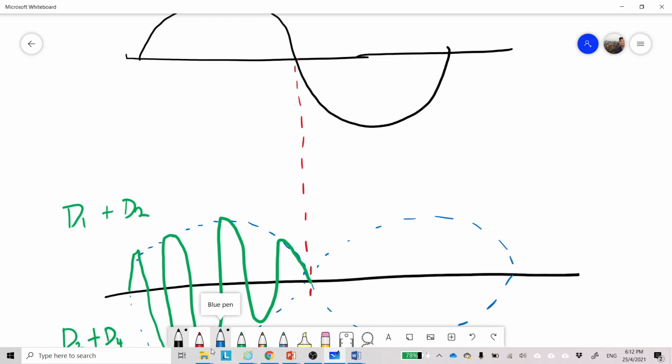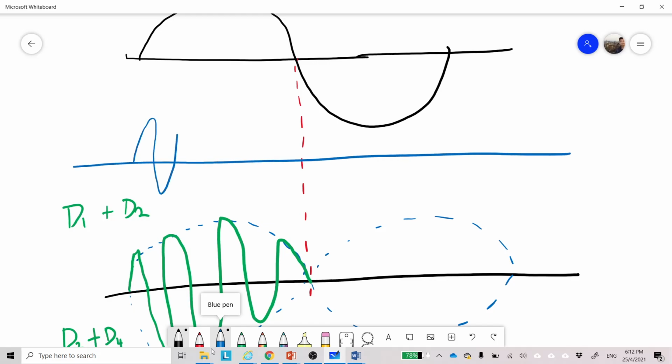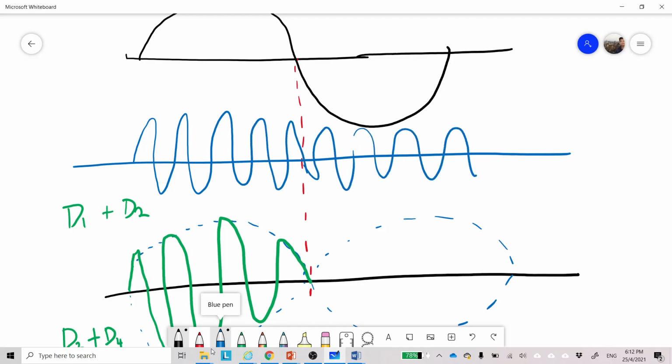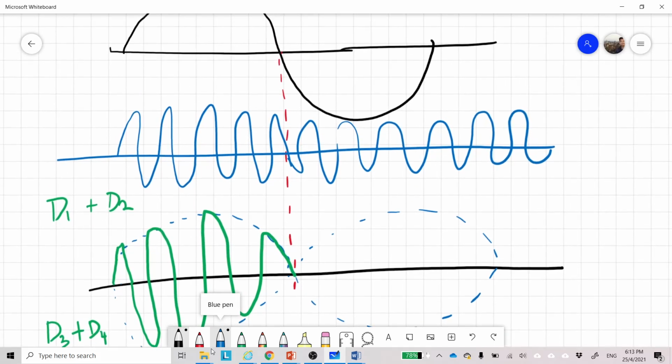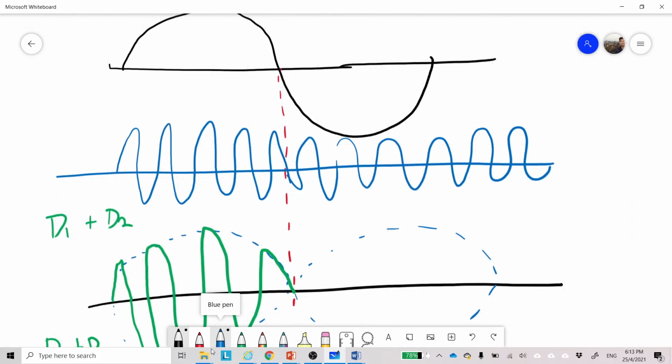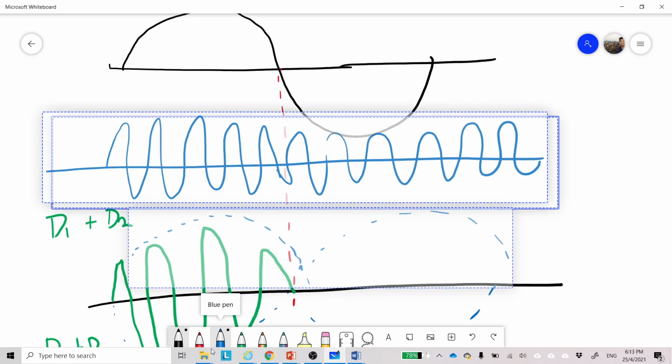Actually, maybe I need to draw over here. Over here we have the carrier. The carrier oscillates faster than the modulating signal.